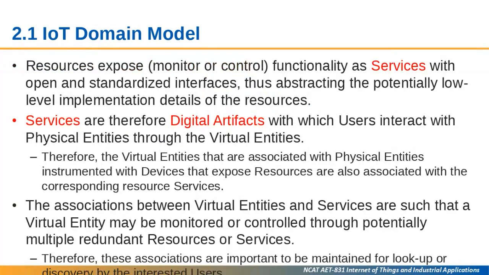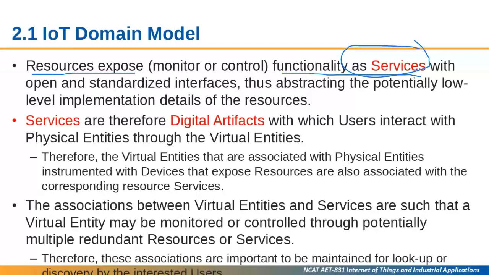Okay, the last concept we would like to introduce for the domain model is the services. Basically, resources are exposed as functionality through services, because resources, most of the time, are in the form of data. Basically, we want to use the data to do something, right? Maybe it is used for monitoring, or it is used for control.